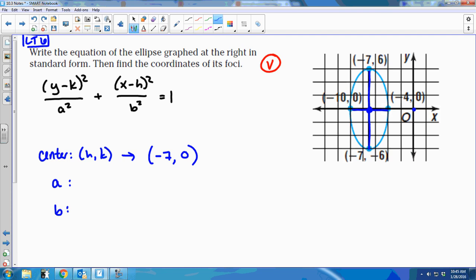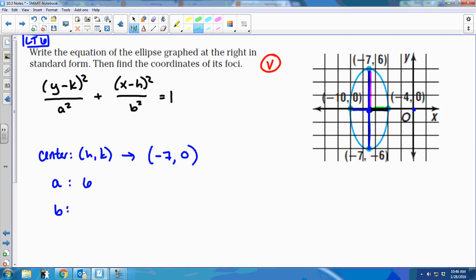All right. A is the distance from the center to one of the vertices on the major axis. So again, the major axis in this case is the vertical one. And so A is going to be this distance. So that is 6. B is the distance from the center to a vertex on the minor axis.